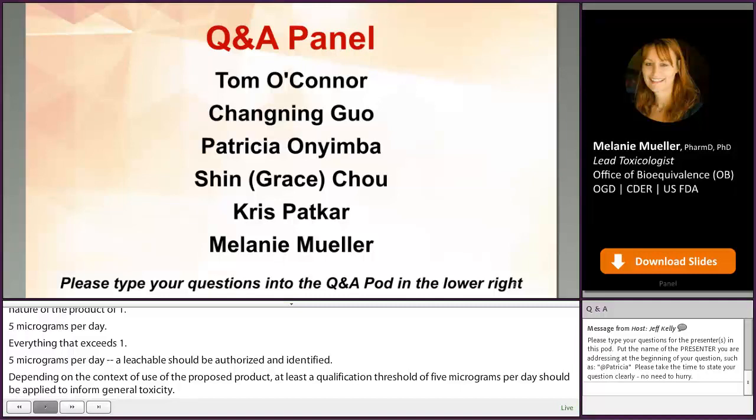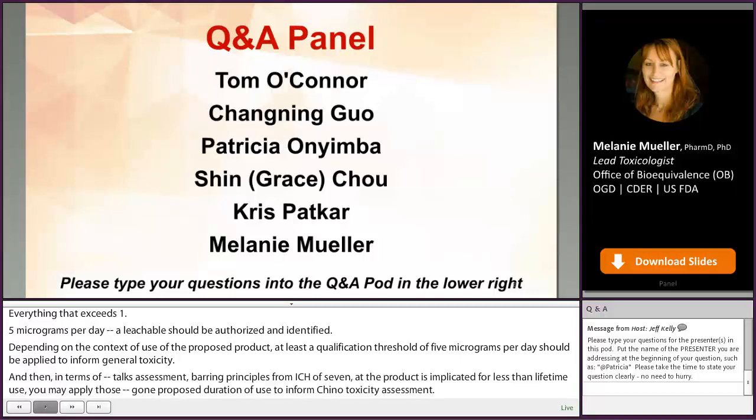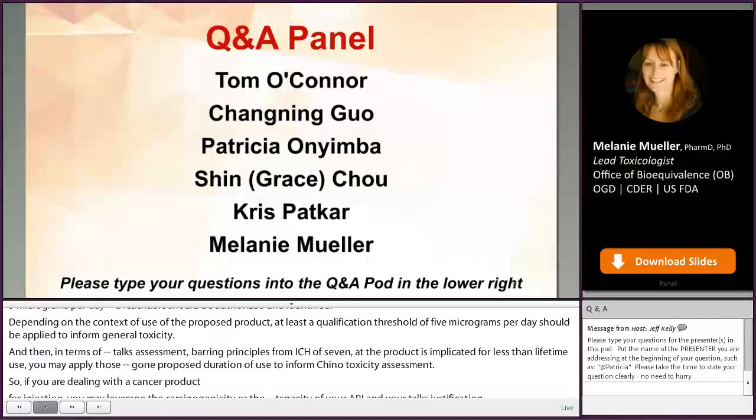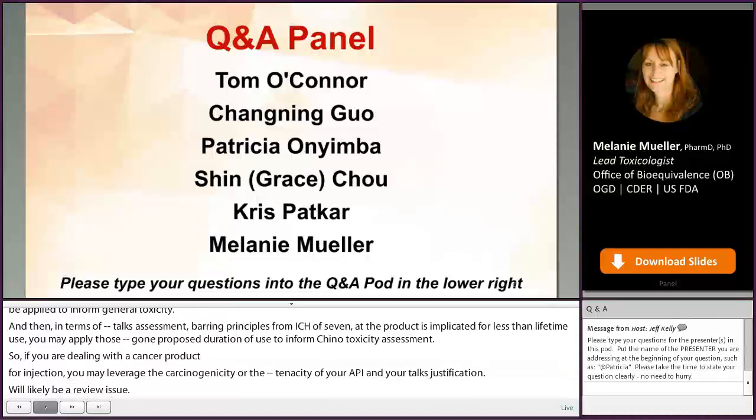And certainly if you're dealing with a cancer product for injection, you may leverage the carcinogenicity or the mutagenicity of your API in your tox justification. However, this will likely be a review issue. And during the assessment, the safety assessment, we in OJD certainly align our approaches with that of the R&D division. I hope that answers your question.